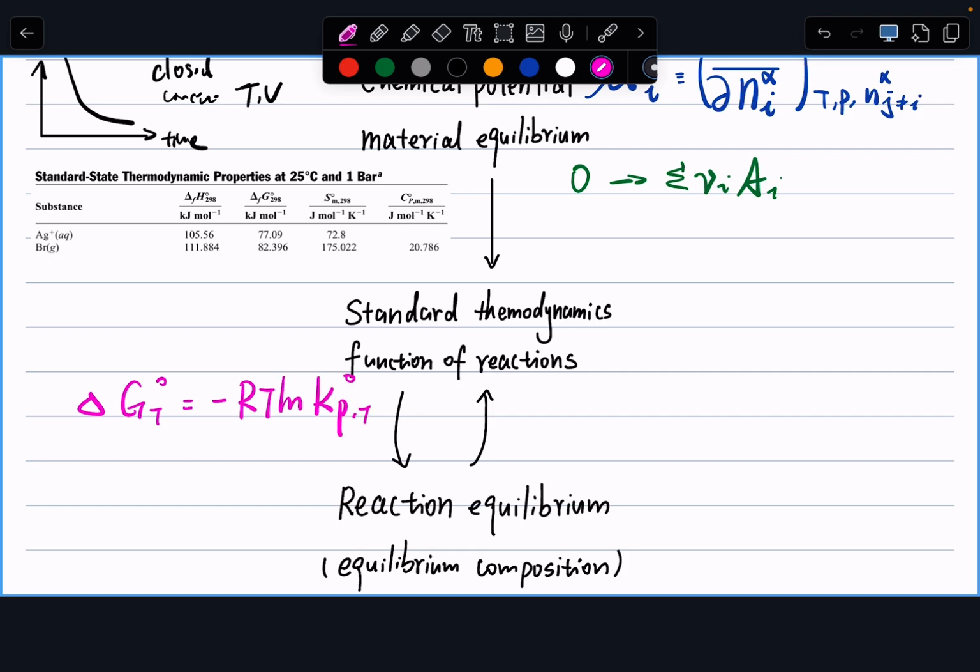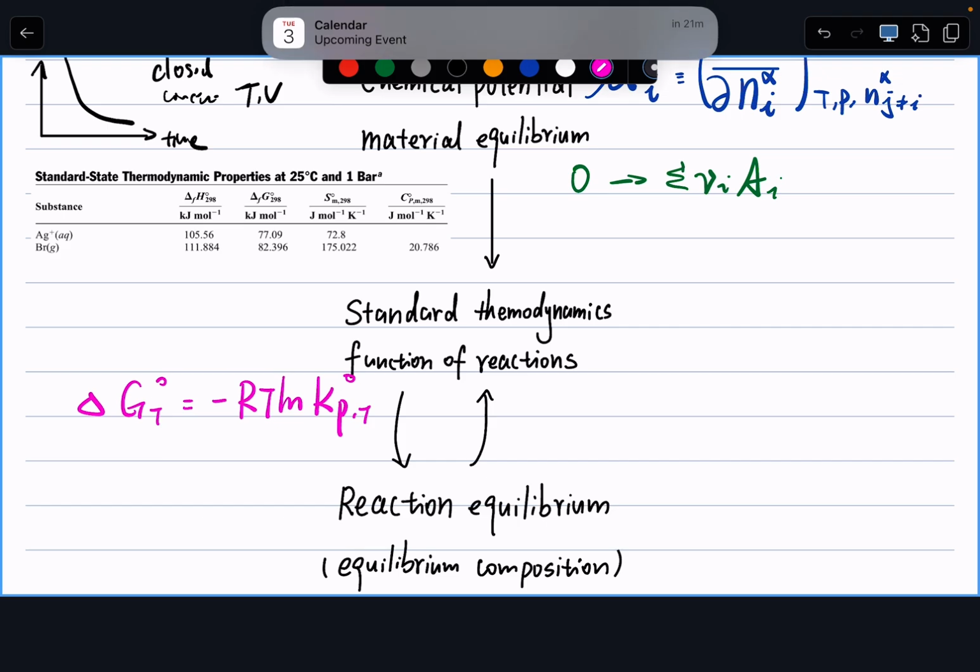Here, my Kp naught is my standard equilibrium constant at a certain temperature. We also went over the derivation of the van 't Hoff equation, which is a relationship for how your equilibrium constant changes with respect to temperature, so that we have d ln Kp naught over dT equals delta H naught over RT squared.